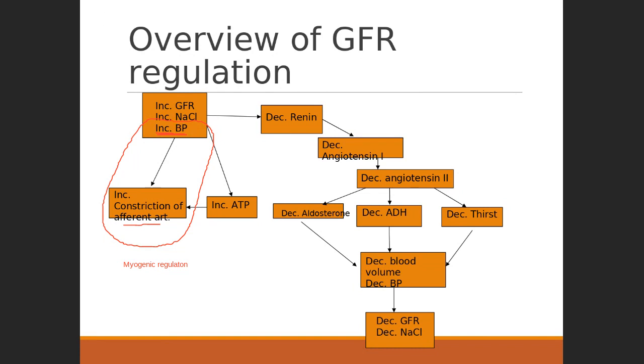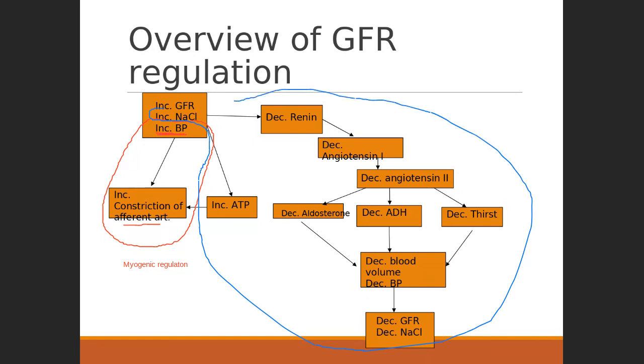So here in blue now, we will circle tubuloglomerular feedback. Increased salt at our distal convoluted tubule causes an increase in ATP to be secreted by our juxtaglomerular apparatus, which goes on to reinforce the constriction of the afferent arteriole.